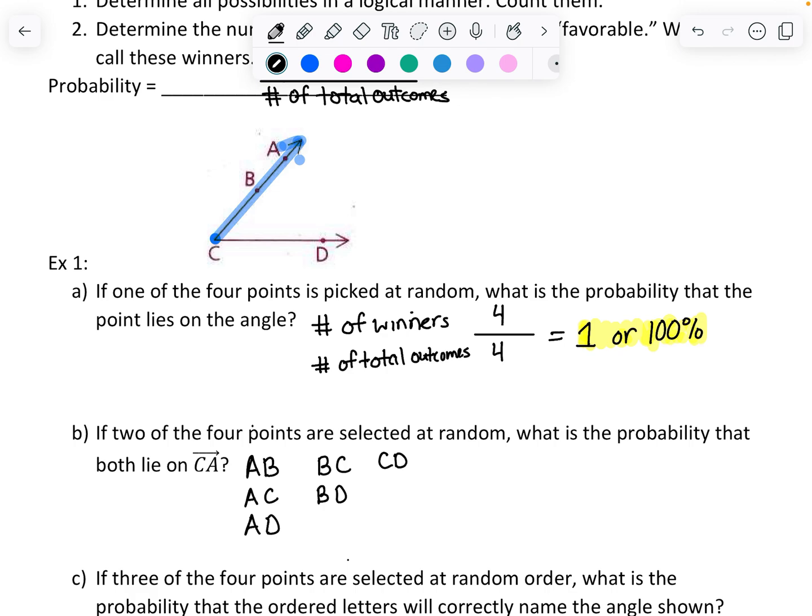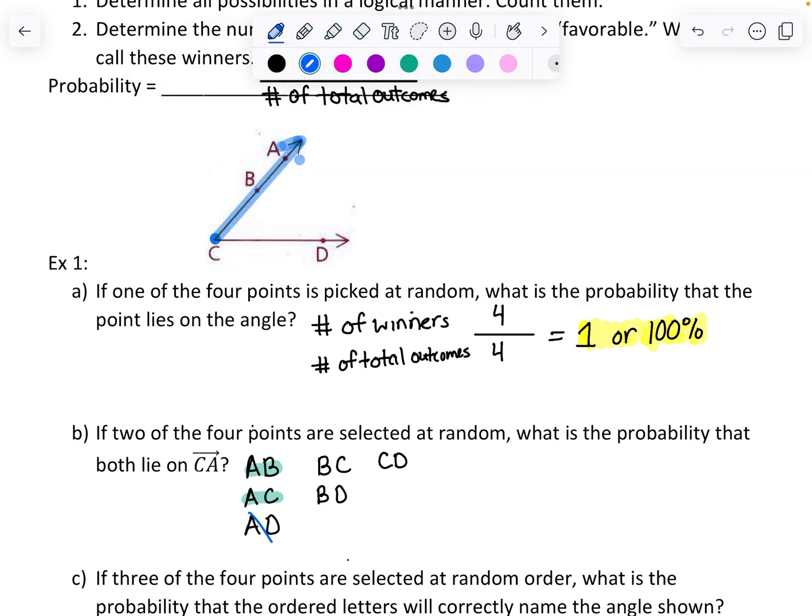So now I want to look for my winners. I'm looking at both points lying on CA. I have a couple winners here. I can have A and B, that lies on ray CA. I can have AC, that lies on ray CA.